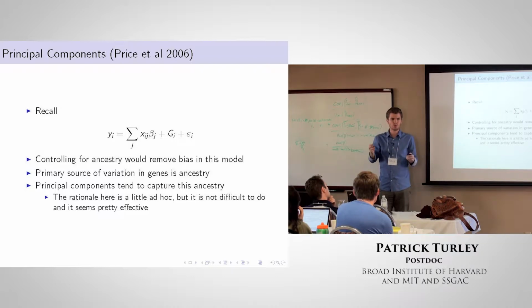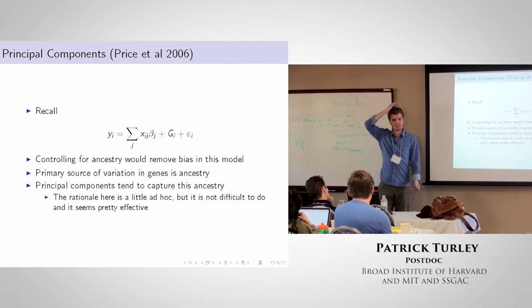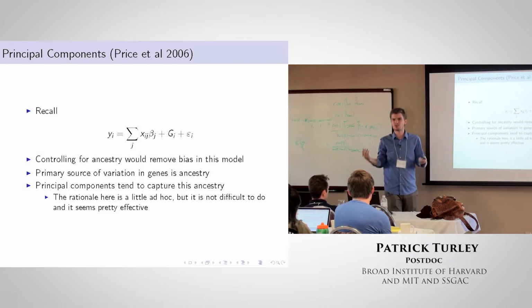It's trying to tell you what are the things that are able to group people in a way that maximally explains the variation in your sample. So what is your SNPs most informative about? Because you get your SNPs from your ancestors, your SNPs are most informative about your ancestry. And so that seems like a reasonable place to start.